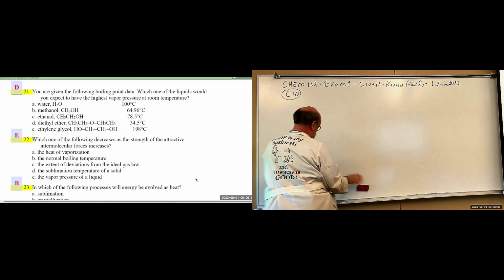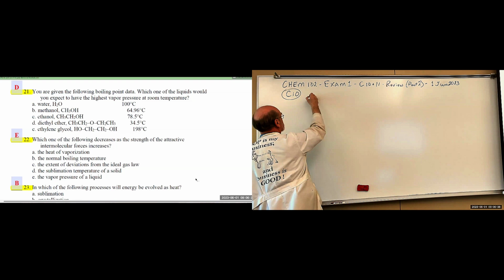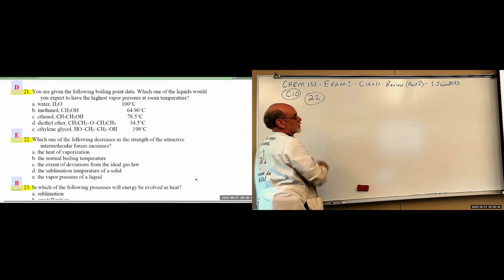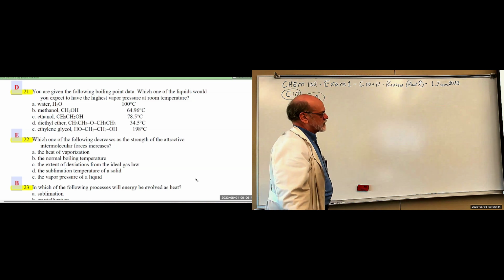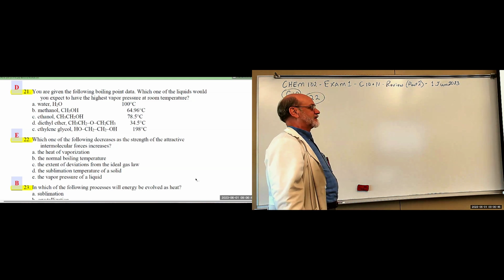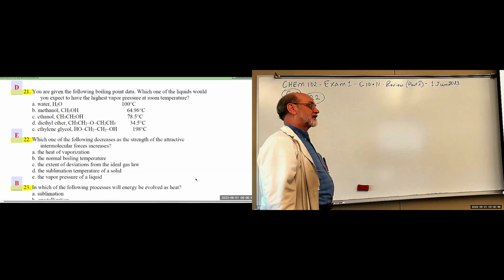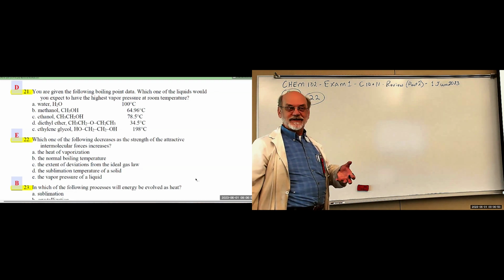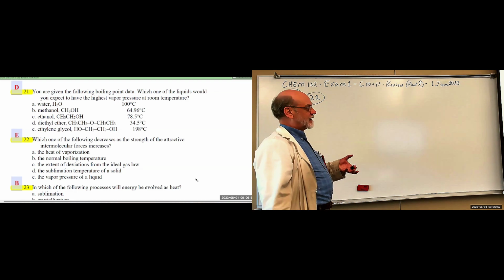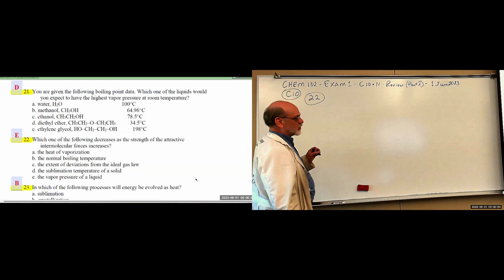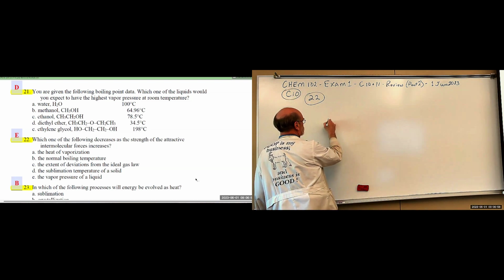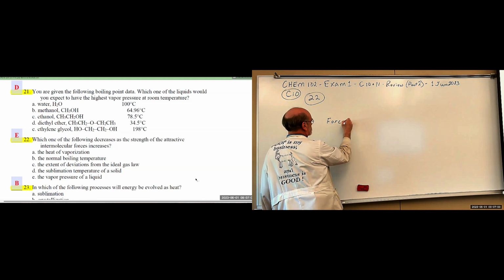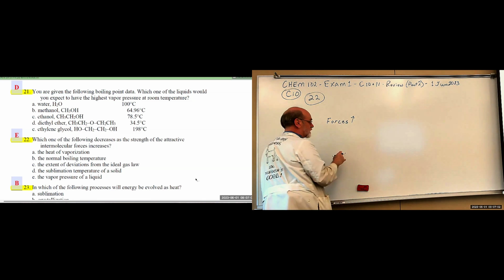That's 21. Let's see what 22 has in store for us. Which one of the following decreases as the strength of the attractive intermolecular forces increases? Well, that's 21 in different terms, isn't it? As the intermolecular forces increase, what decreases?